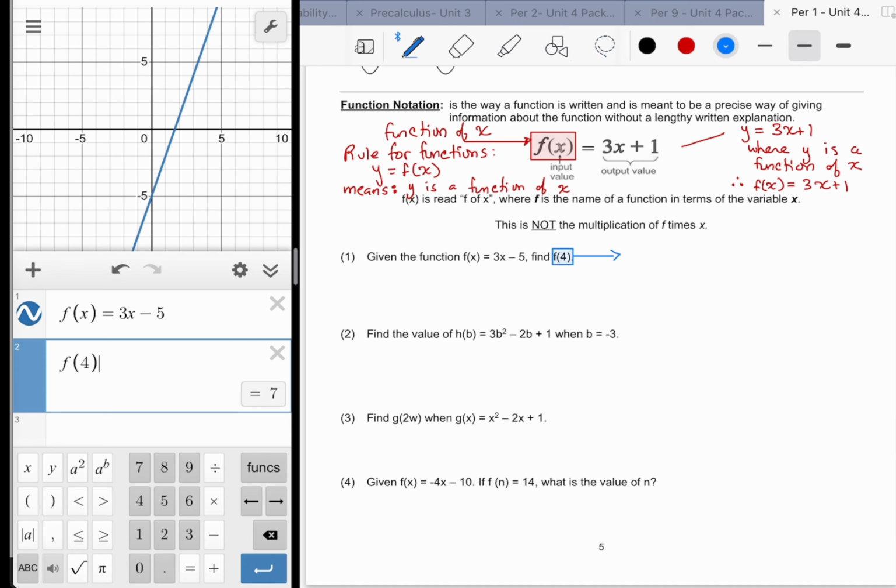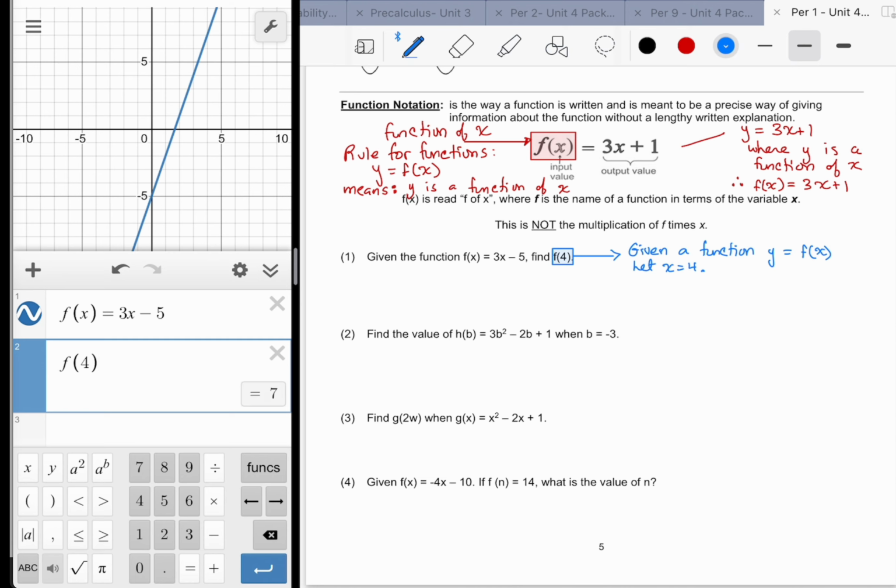All right. F of 4 means given function of f of x, given a function y equals f of x, let x equal 4.